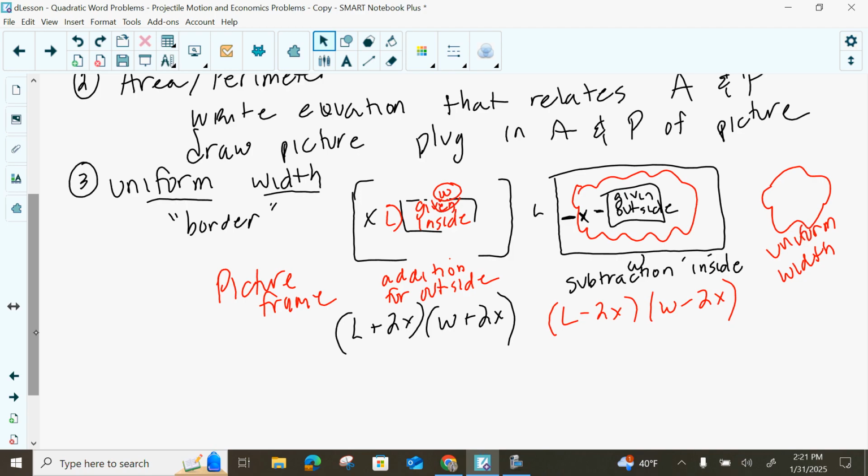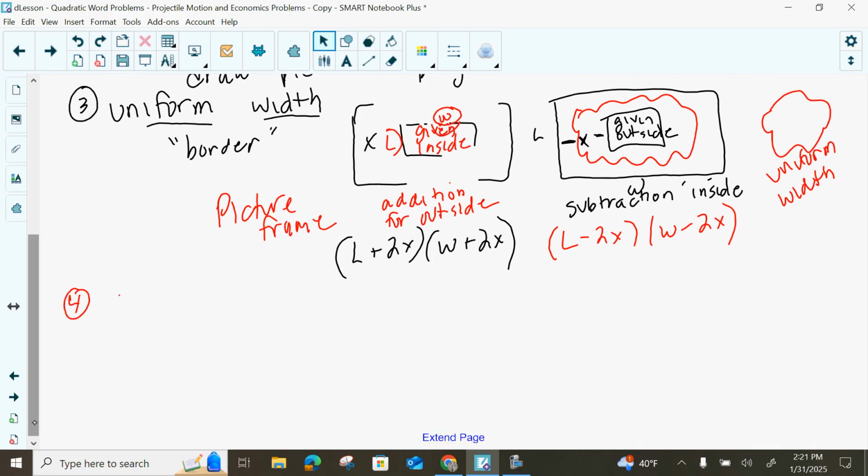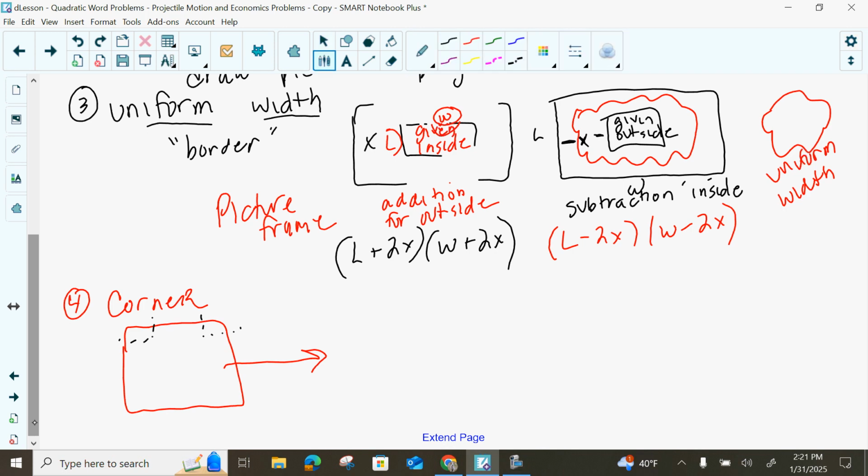All right, so which one's next? Corner of the box will be next. This is where you start with a rectangular piece of cardboard and you're cutting out squares. And it makes a picture that looks like that. We cut out squares.